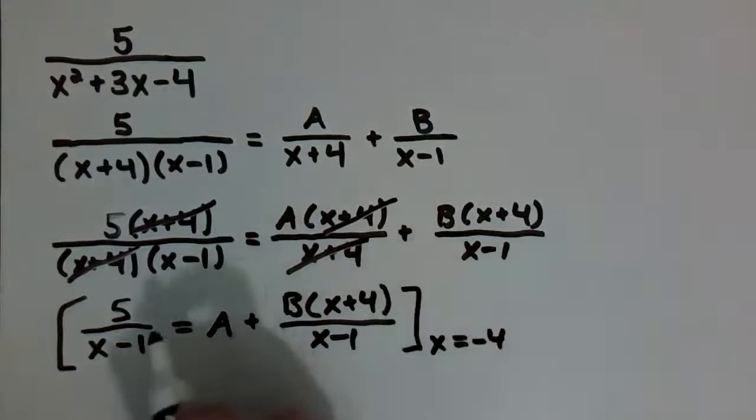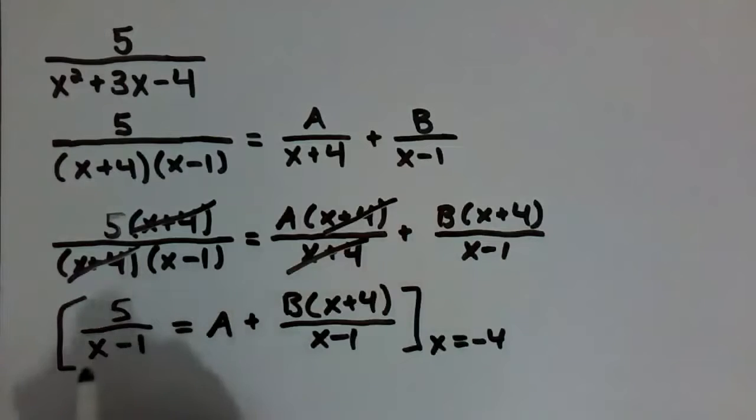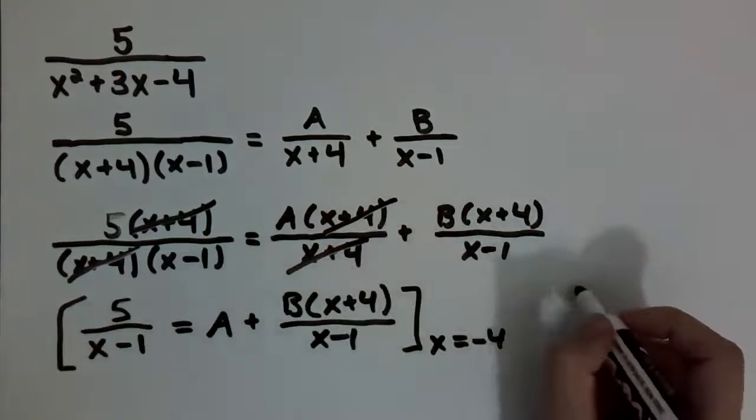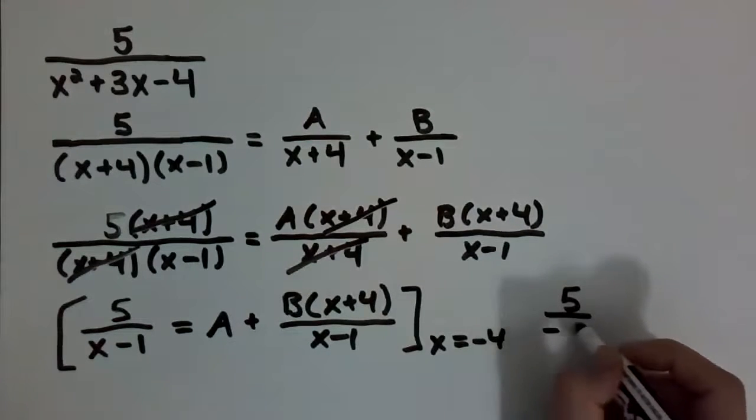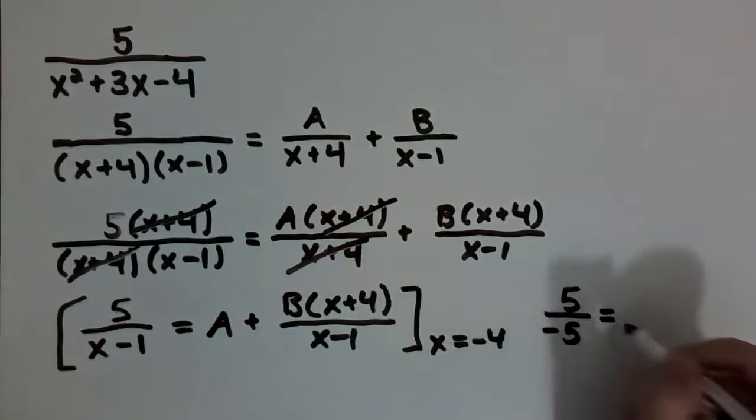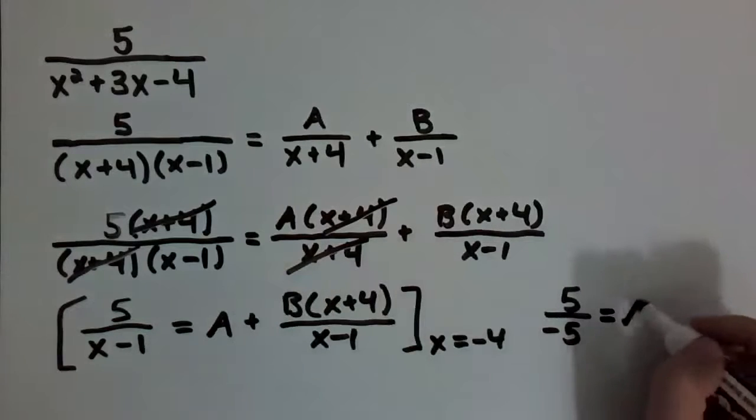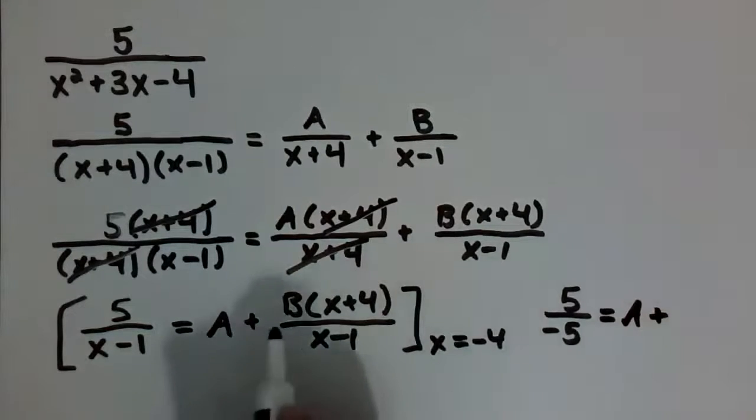So when we do that, and I'll write it over here, we'll get 5 divided by -4 minus 1. -4 minus 1 is -5, so we'll get 5 over -5 equals a. Plus, and notice here, when we plug in -4, we get -4 plus 4, that's 0. Anything multiplied by 0 is 0.